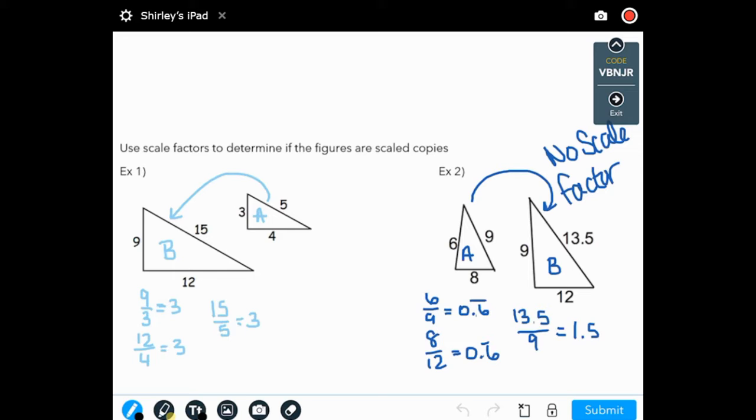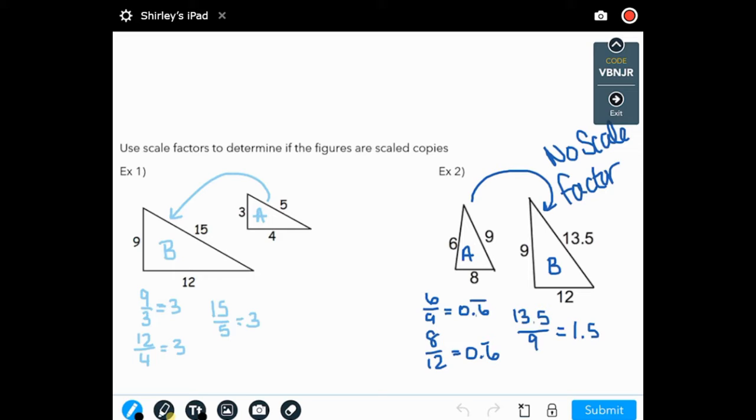If you determine that something's not a scale factor or a scaled copy, then you don't even have to go through and divide all of those sides out. Sometimes we kind of like the ones that don't work because it means we have to do less math. So if you're picking one of them, remember that you want to find the scale factor.